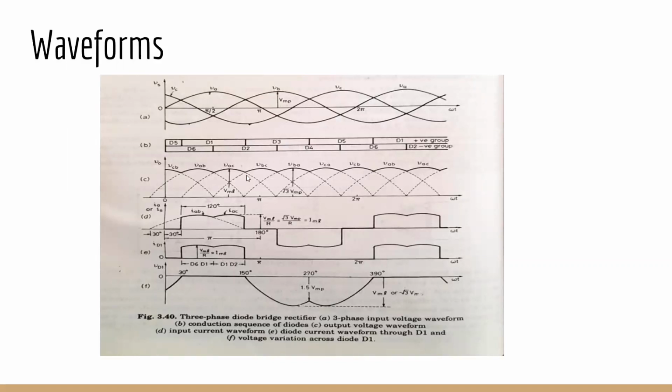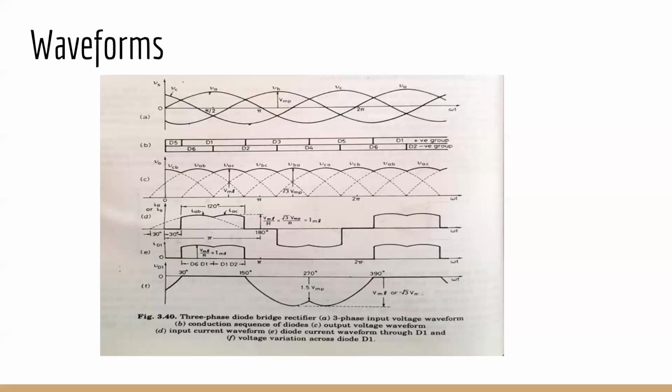The three-phase bridge rectifier waveform starts from the source voltage waveform VA, from figure A. From omega t equals 30 degrees to 150 degrees, voltage VA is more positive than the voltages VB and VC.